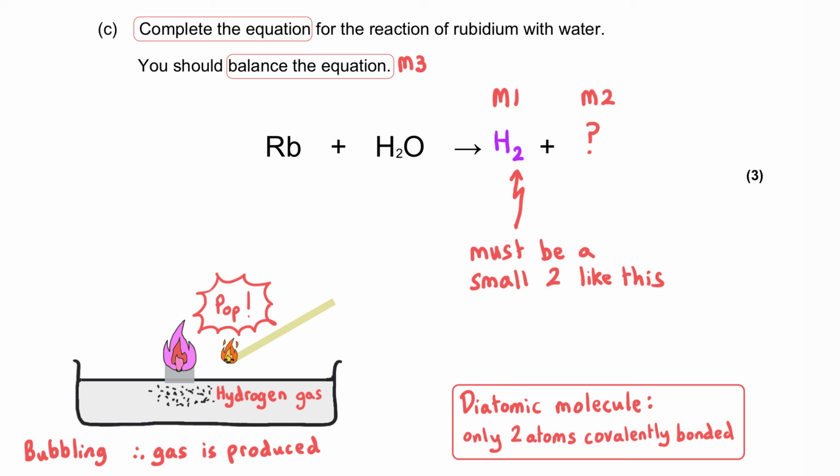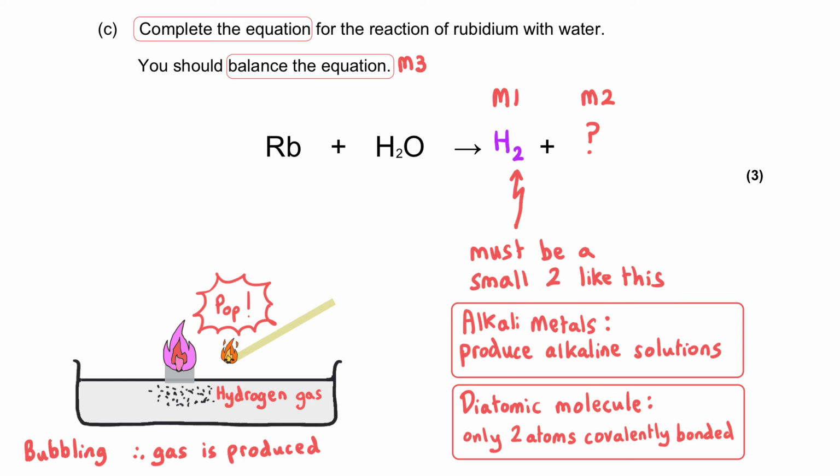And the alkali metals are called the alkali metals because when you react them with water, they produce an alkaline solution. That means that we're making a metal hydroxide. Any of the alkali metals, when you put it with water, will make a metal hydroxide. We're using rubidium here, so we need to produce rubidium hydroxide.